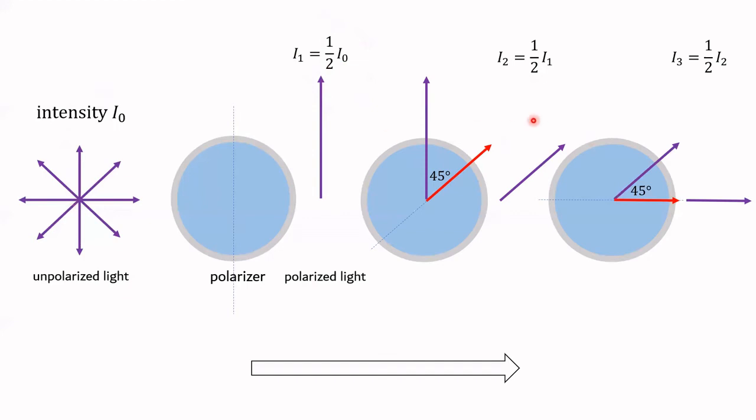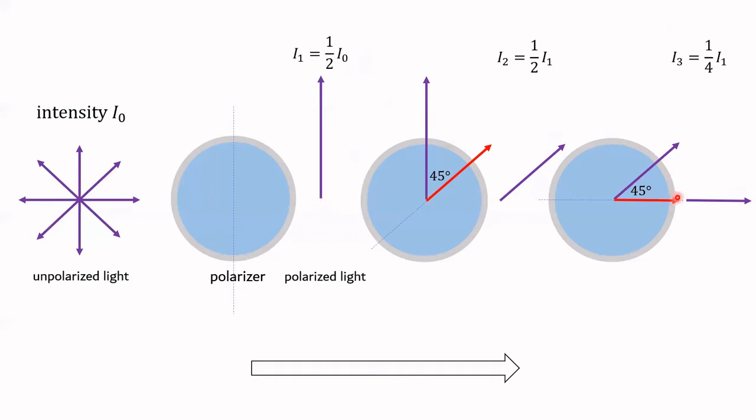I would just like to point out that the light which comes out of the second filter is half as intense as the light that went in. And the light that comes out of the third filter is half as intense as the light that went in. Overall, that means that the light coming out of the third filter is 1/4 the intensity of the light going into the second filter. So what we've done is taken polarized light, passed it through two filters.